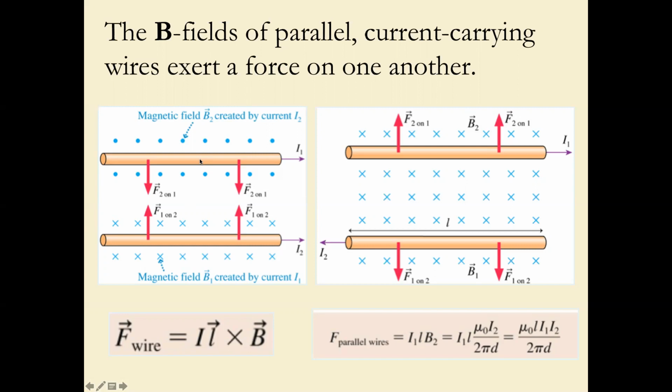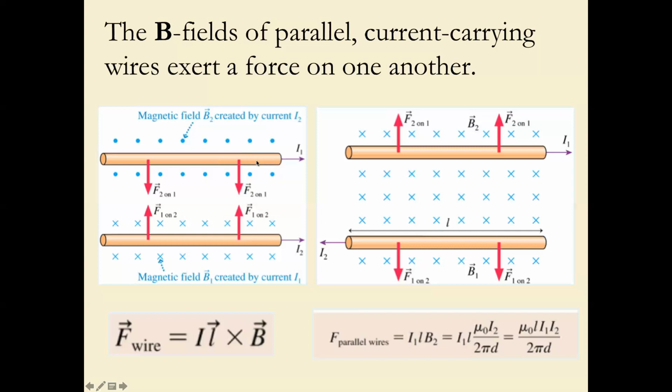So for the left-hand side, since each wire is carrying a current, each of them will create a magnetic field, because we have learned that a current carrying wire will create a magnetic field.